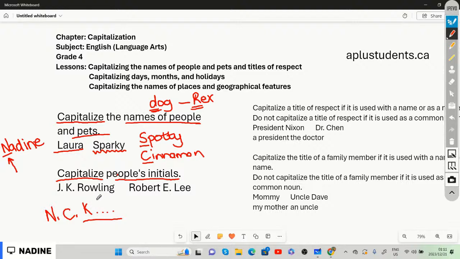And if we look at an example over here, J.K. Rowling. This is the first letter of his first name. That's the first letter of his second name, and there we have our surname. And it is all capitalized. And that is initials and surname.